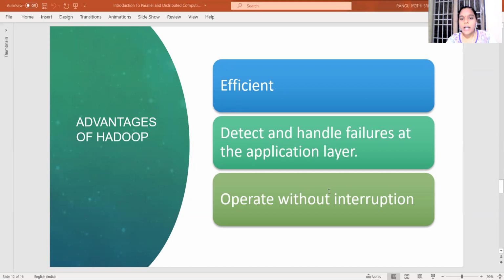And not only that, it doesn't rely on the hardware to provide fault tolerance and high availability. Rather, the Hadoop library itself has been designed to detect and handle the errors at the application layer, and servers can be added or removed from the cluster dynamically, and Hadoop continues to operate without interruption.